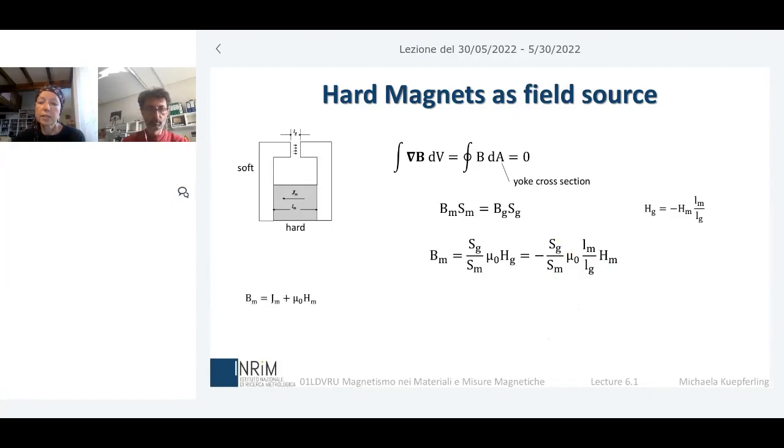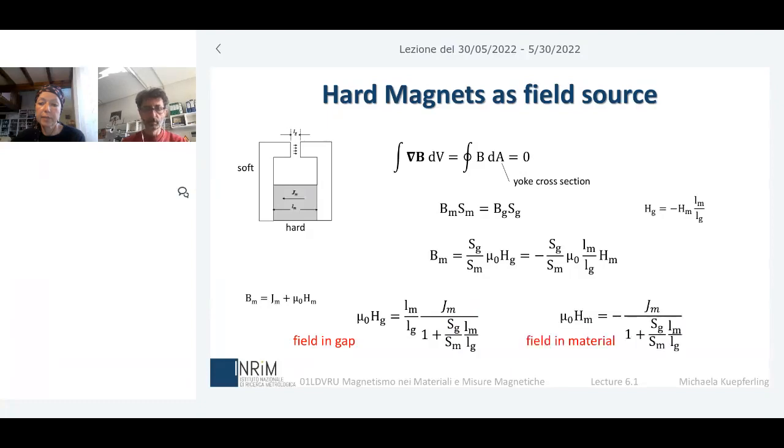So this is an important relation. And in this way, we can find the field in the gap, depending, of course, on Jm, so basically the magnetization of the hard magnetic material and the geometrical factor, and of course also the field in the material if you're interested in it.